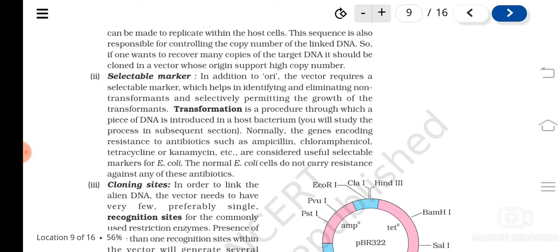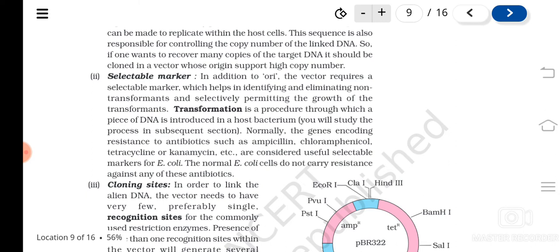Usually the genes encoding resistance to antibiotics are used as selectable markers. For example, genes resistant to antibiotics like ampicillin, chloramphenicol, tetracycline, kanamycin, etc. Understood now?